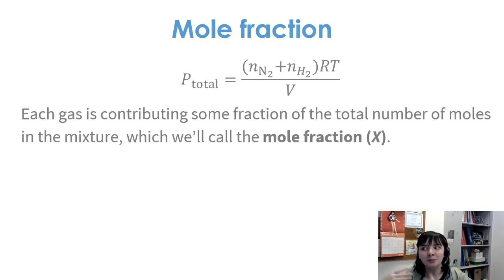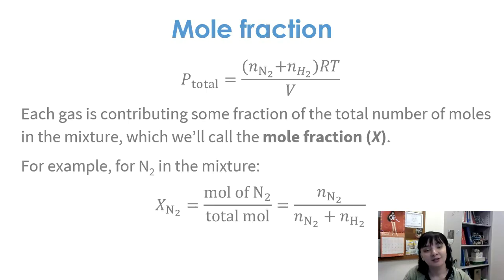And we call that the mole fraction, or just as a symbol, a capital X. So for instance, the mole fraction of N2 from our previous example of nitrogen and hydrogen mixed together has a mole fraction that is the moles of N2 divided by the total moles, or written out right here, n of N2 divided by the n's summed together.